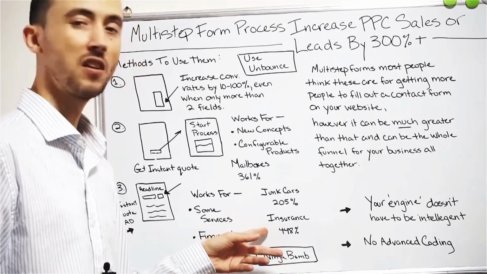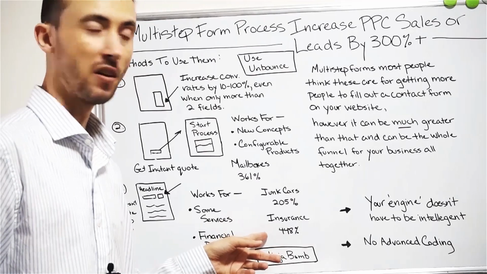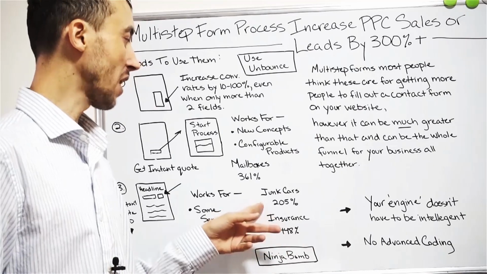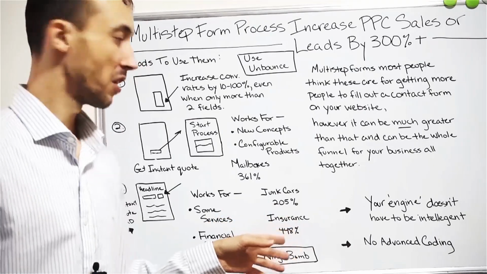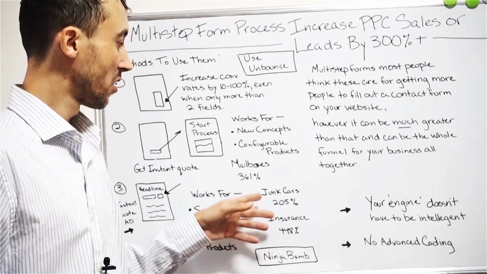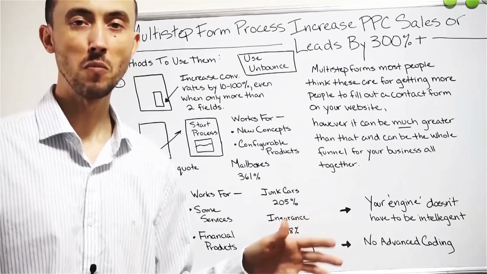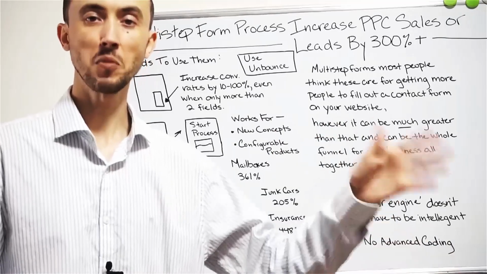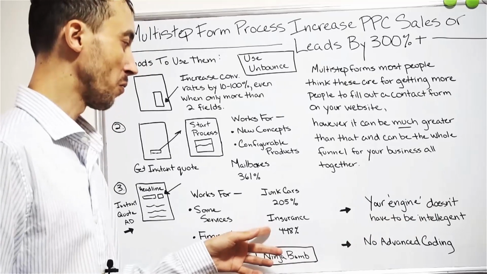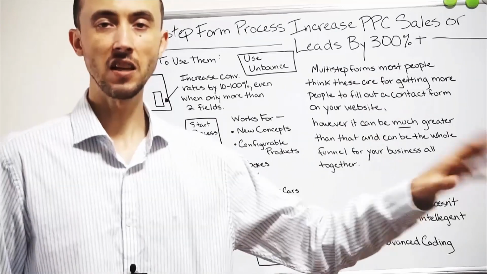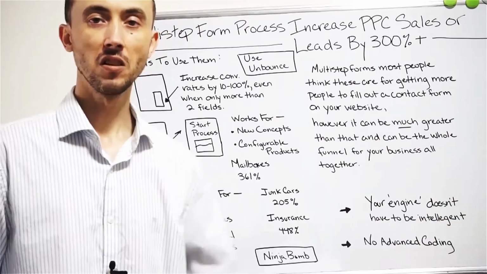But to get started, or in general, you don't need one. We didn't use one in either one of these cases here, and we still got these numbers. And in fact, even if you do have an engine, there's no guarantee that's actually going to make more money. It's going to save the salesperson's time, but if they get the quote here, they're less likely to want to talk to the salesperson in general, right?